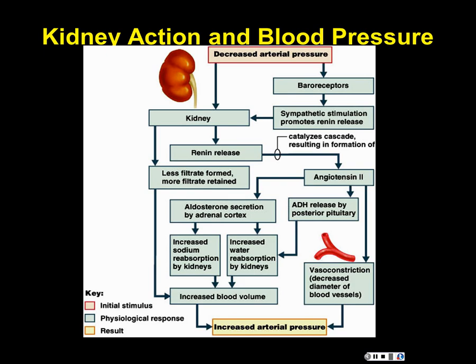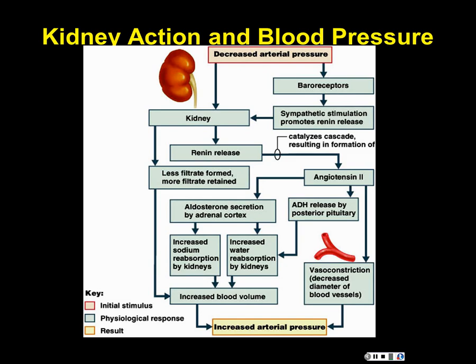In this scenario, the body is responding to arterial pressure that's declining. So let's say maybe it's you, and you don't hydrate well, and you drink nothing but coffee, and you exercise in the sun in the middle of the day. Your blood volume is going to go down, so your blood pressure is going to drop, and your body's got to deal with that.